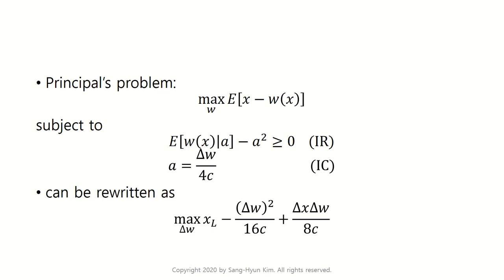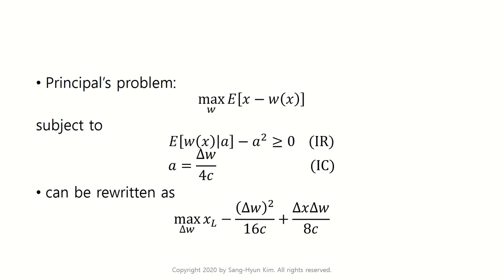It looks slightly more complicated, but we don't have constraints anymore. So we transformed this constrained optimization problem into an unconstrained optimization problem. So you just maximize this objective function without thinking about any other constraint.